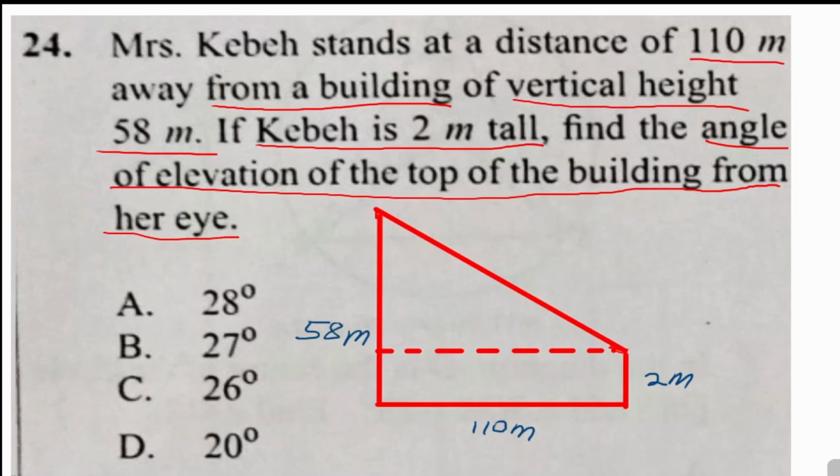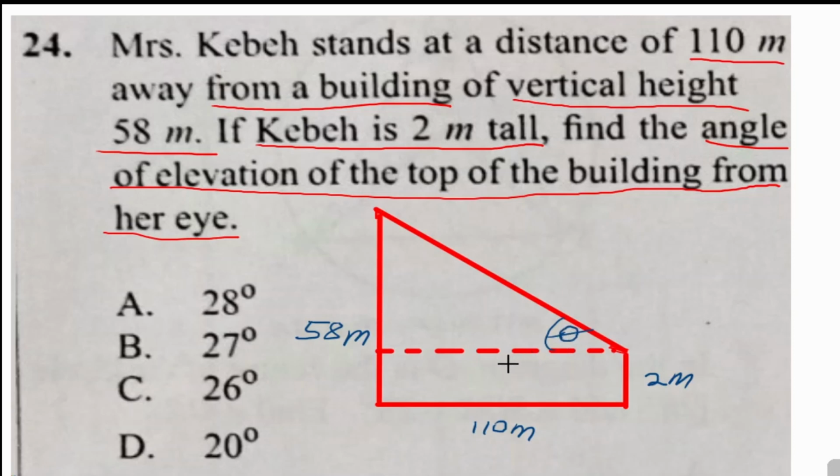So this is the building at 58 meters tall. Then this is the top of the building, and this will be the eye level of Mrs. Kebe. So the angle of elevation of the top of the building from her eye level will be here, theta. Right. And now that is what we are solving for.